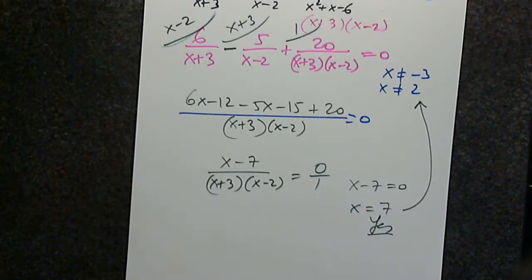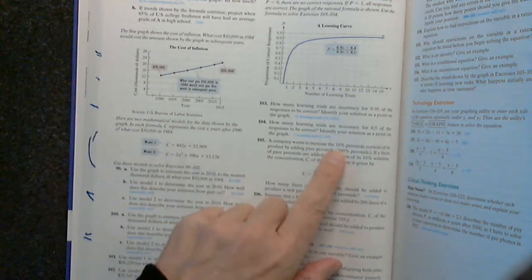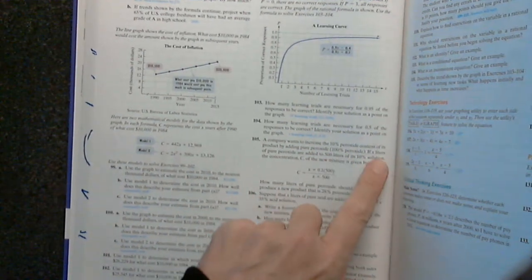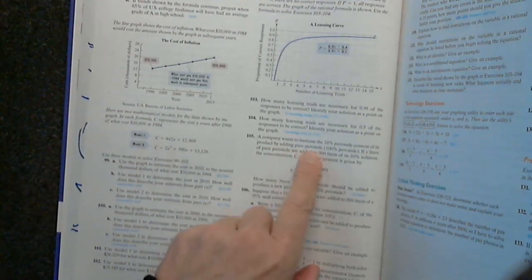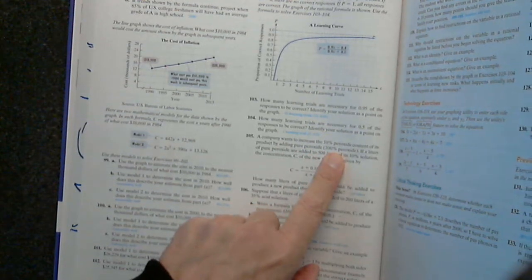If that's the case. And I know you're wondering, okay, rational equations, rational expressions, where will I see this? Okay, here it is. Ready? A company wants to increase the 10% peroxide content of its product by adding pure peroxide, 100%.